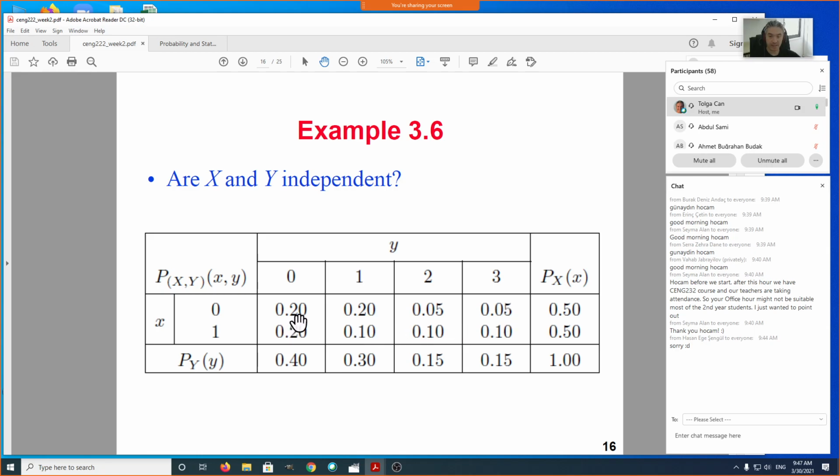If we are given all the intersections of these events, for example, when x is equal to 0 and y is equal to 0, and x is equal to 0 and y is equal to 1, these are mutually exclusive and exhaustive events, if what we have in this table are all the possible values y can take and all the possible values x can take.